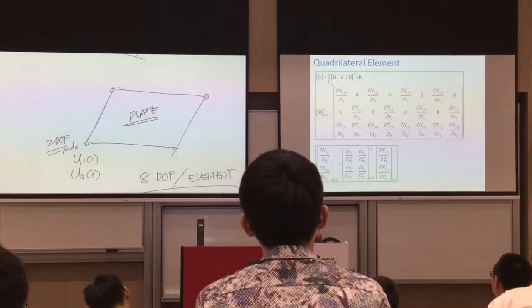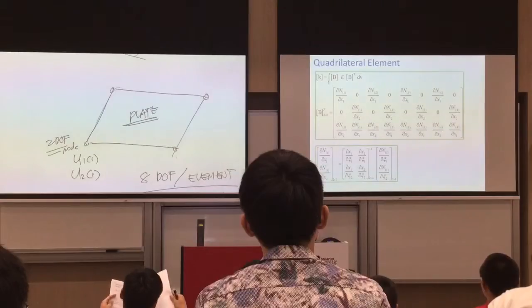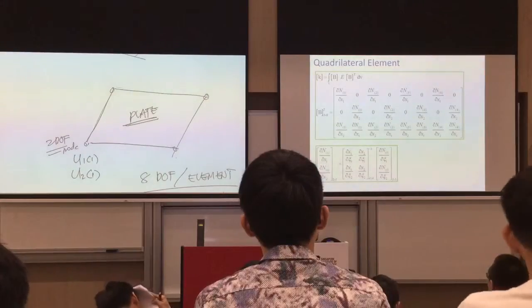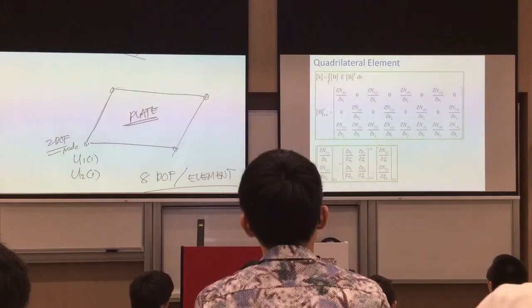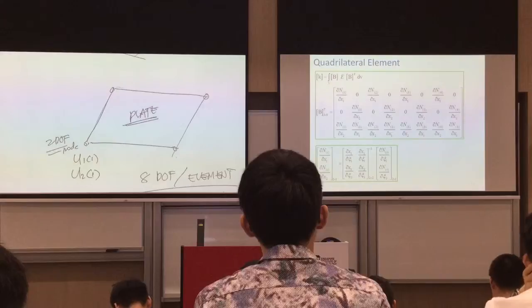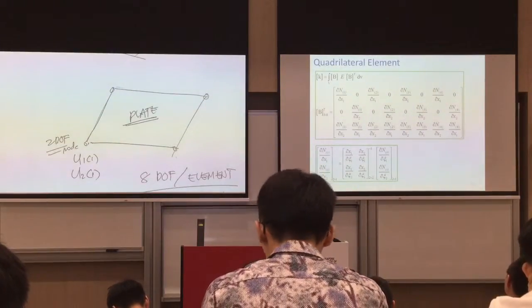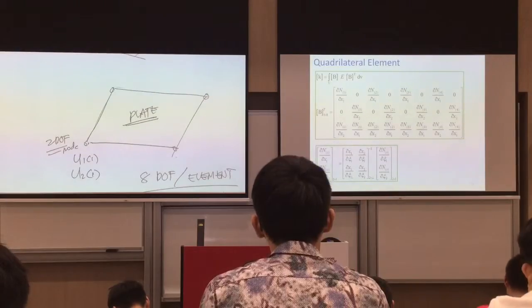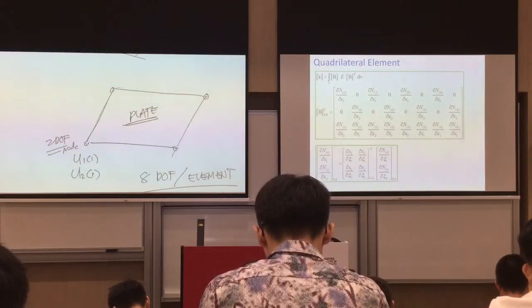You don't have to perform the integration that you have done for bars and beams, because you're going to perform numerical integration. We haven't discussed that yet, but it's another form of integration wherein you don't have to perform any analytical integration. So that's the procedure.